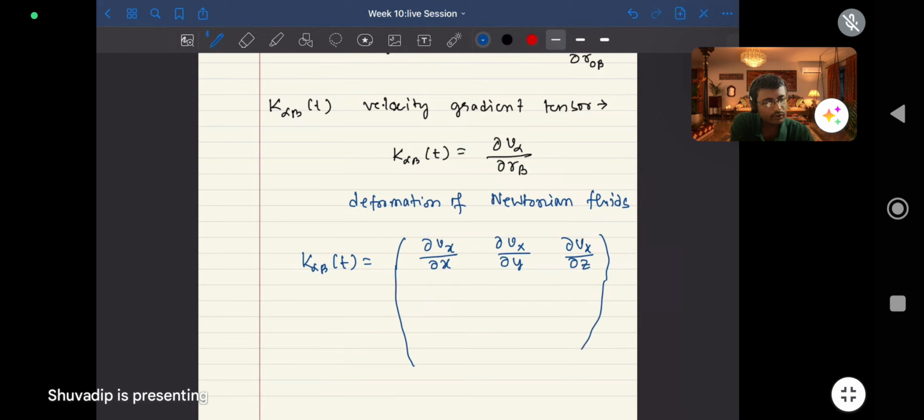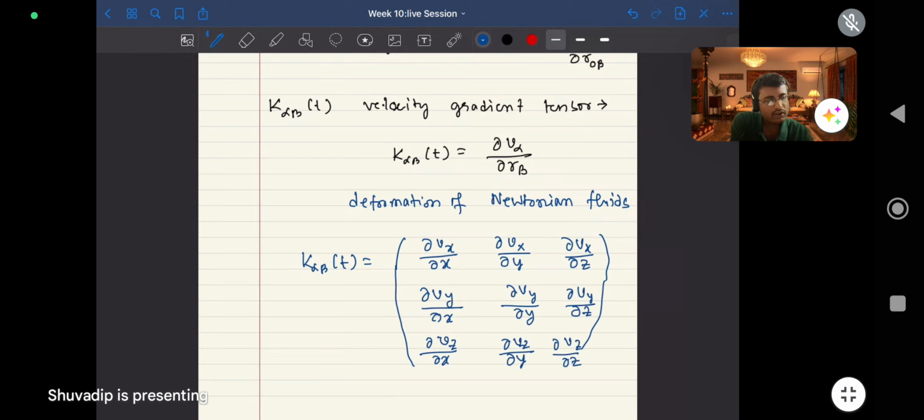So the second row will be del v y del x, del v y del y, del v y del z, and this will be del v z del x, del v z del y, del v z del z.